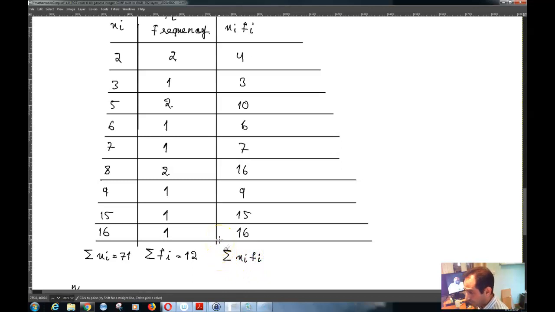And if I were to calculate sigma x of i times f of i, as i goes from 1 to n, that would be x1 f1 plus x2 f2 plus x3 f3 plus all the way up to x of n times f of n, which would be basically all of these numbers added together.